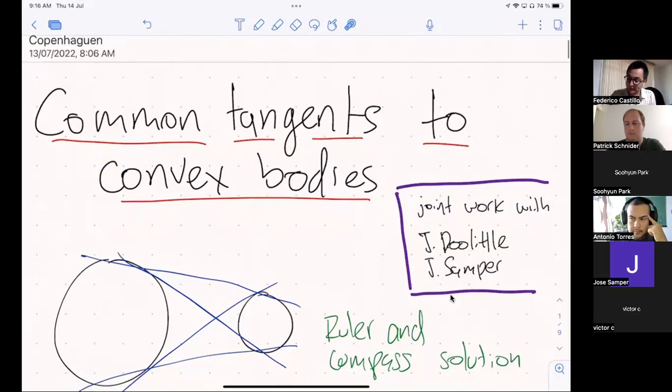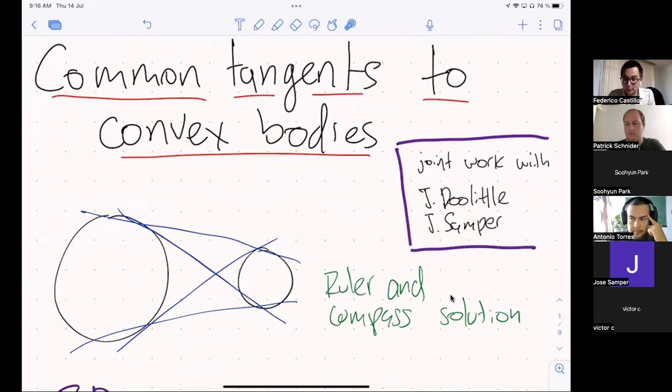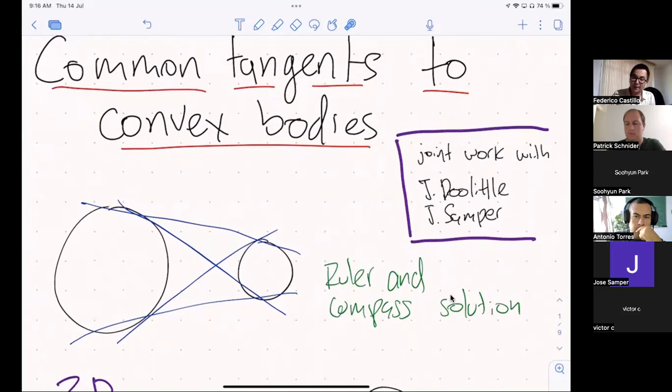Okay, so what we're going to talk about is tangents. Tangents are what you think they are, and convex bodies we will have to briefly define. But the story begins 2000 years ago, with the problem of having two circles. Let's say that the circles are disjoint, and we want to draw the tangent lines to these circles.